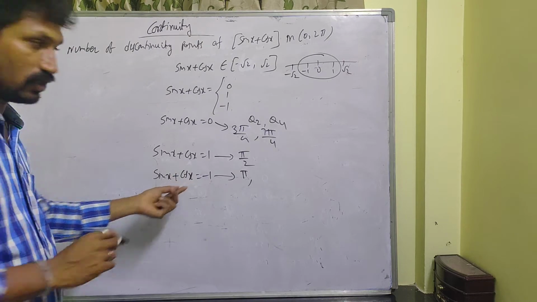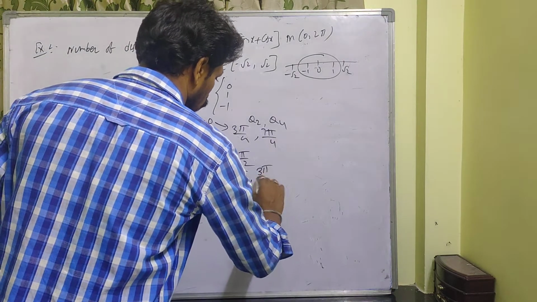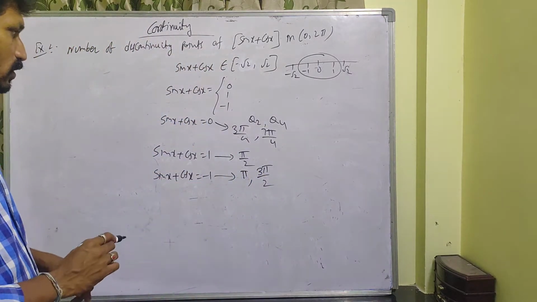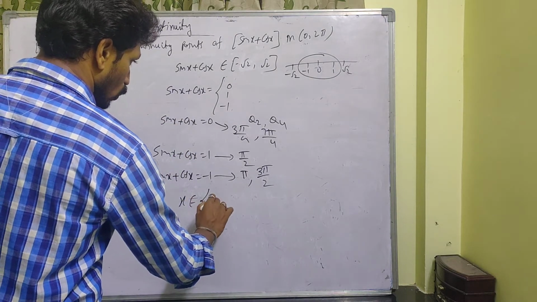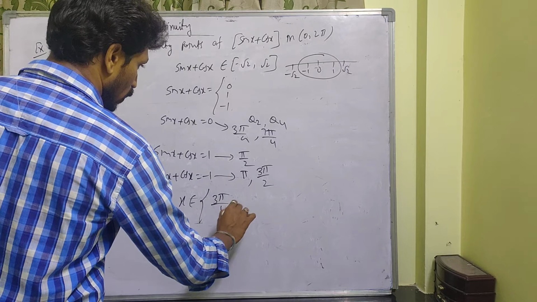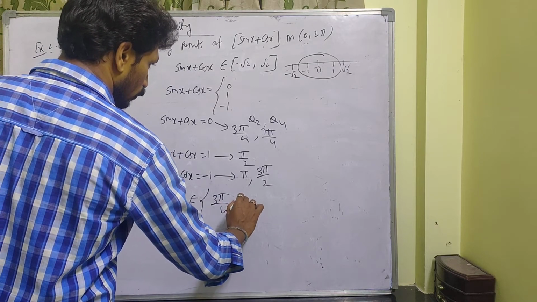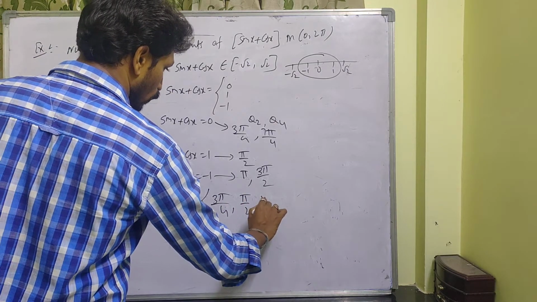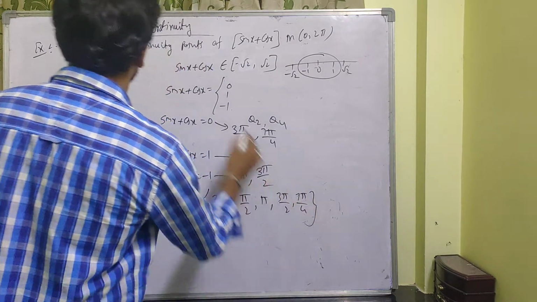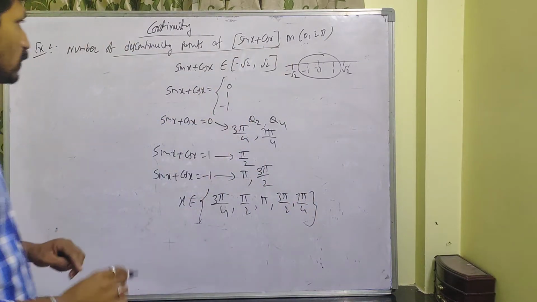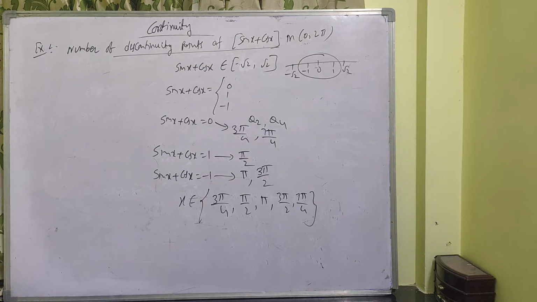So 3π by 2 is also one of the values. These are the only solutions. So x belongs to 3π by 4, π by 2, π, 3π by 2, 7π by 4, where it is discontinuous.